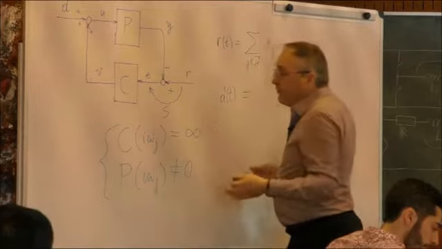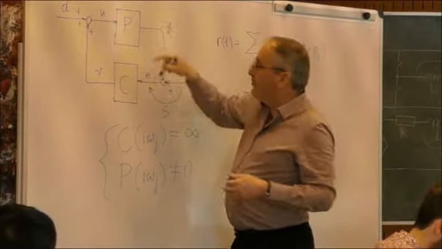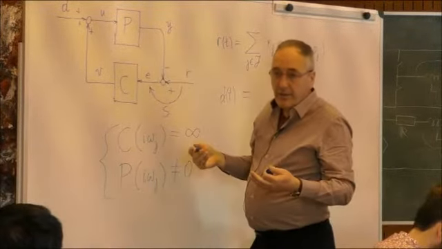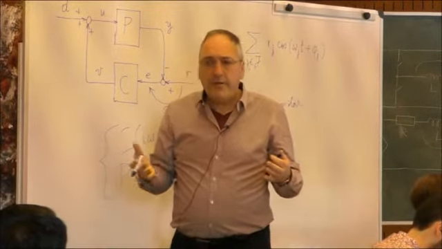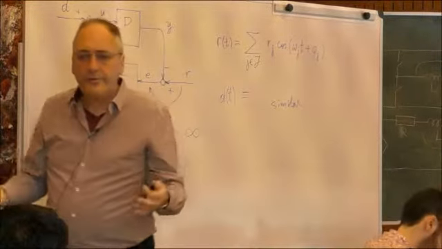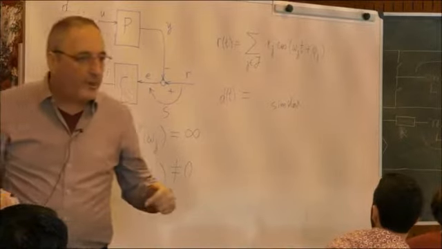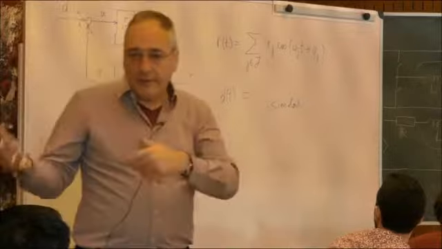Under these conditions, we know that every signal in the closed loop system, which means U, Y, V, and E, will be, according to the superposition principle... You know that in linear system theory there is something called the superposition principle, which means that if you have two signals applied to the system, then the response of the system is the sum of the responses to the individual inputs.